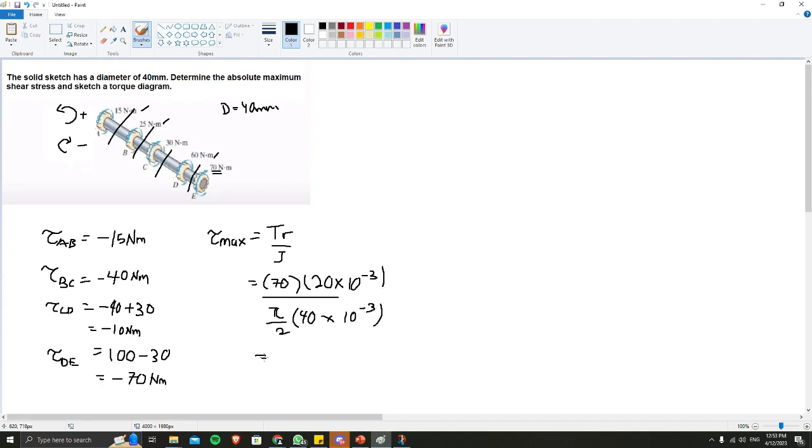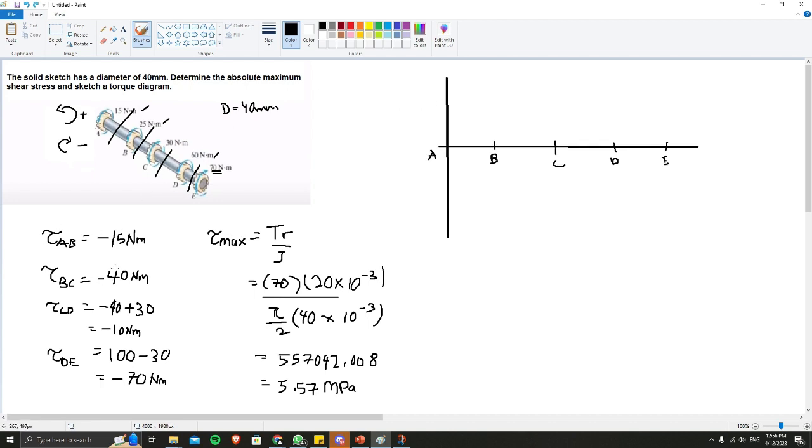So that gives us 557,023.00, and we have to convert it to megapascal, so 5.57 megapascal.